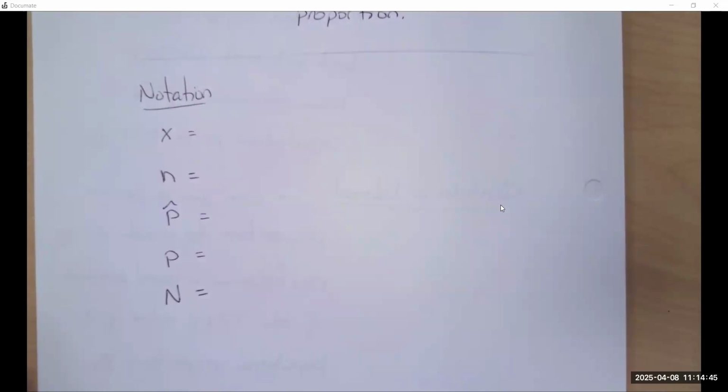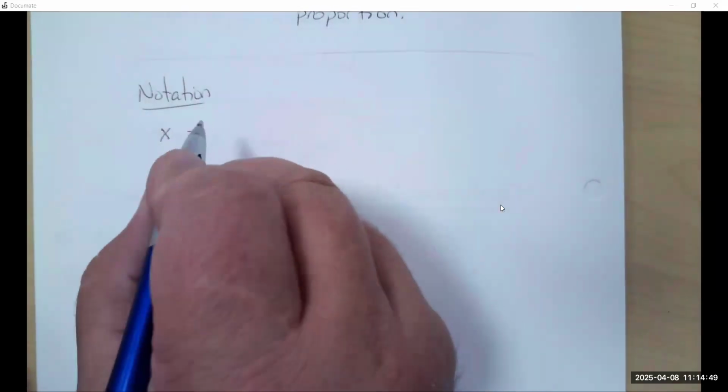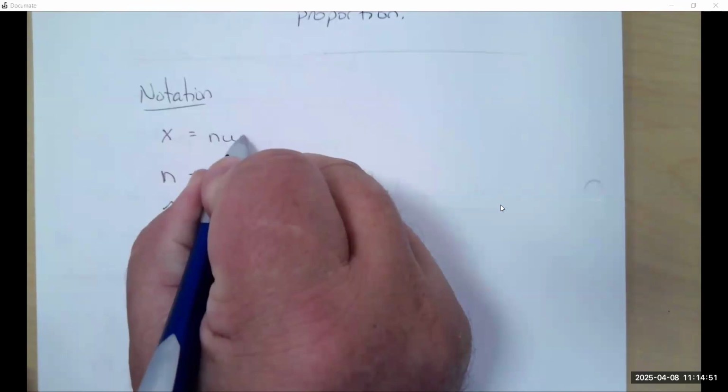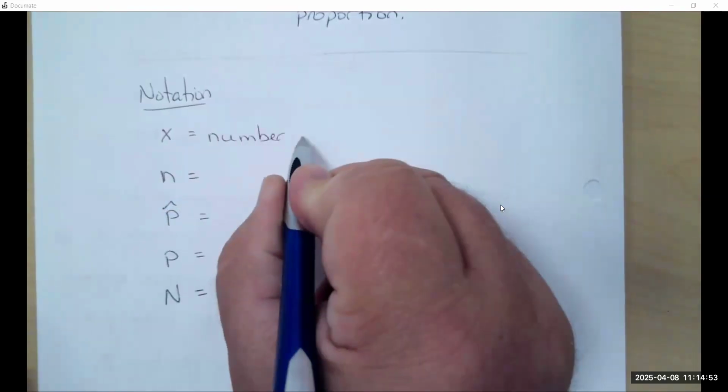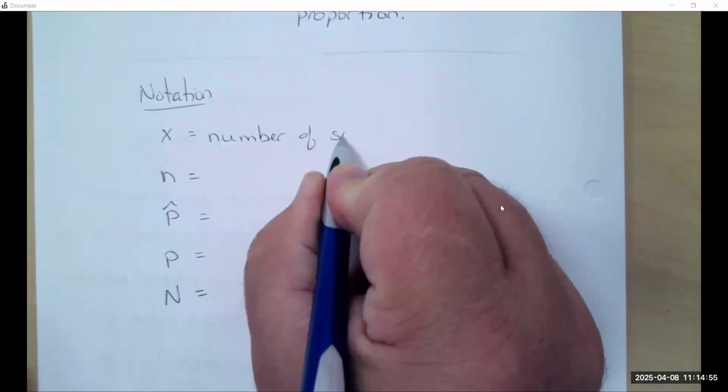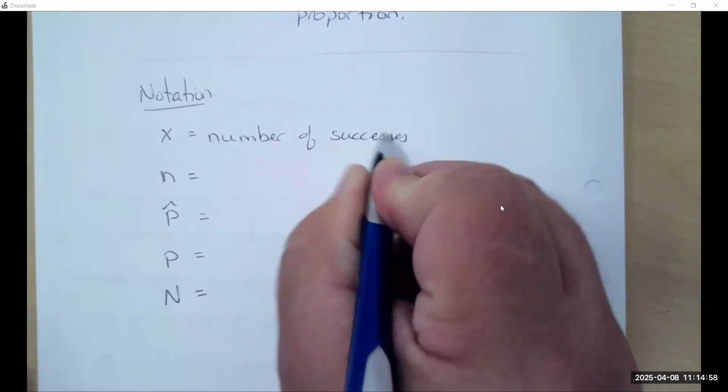X is what we're looking for. We're looking for the probability of some outcome. So this is the number of "successes."